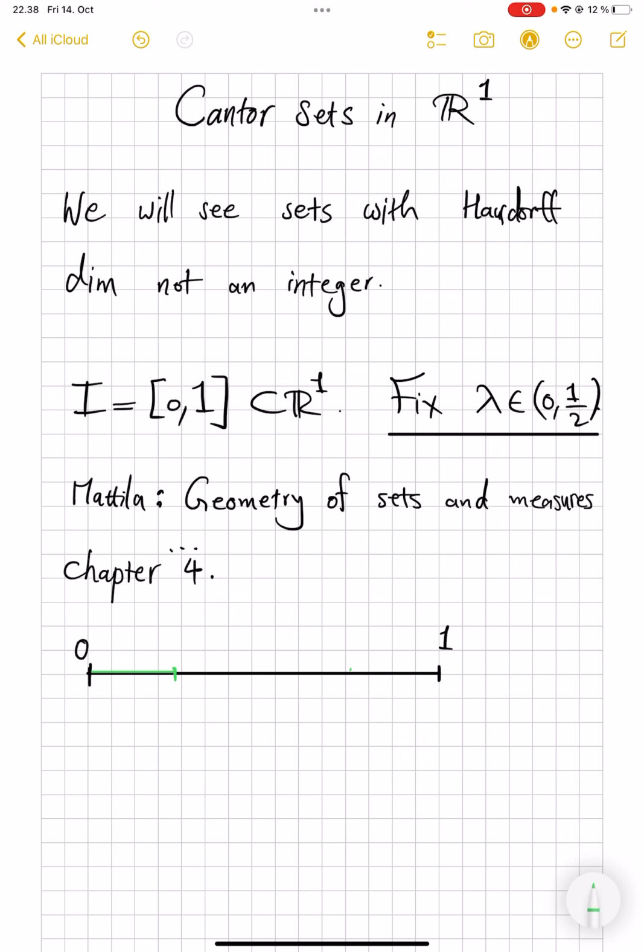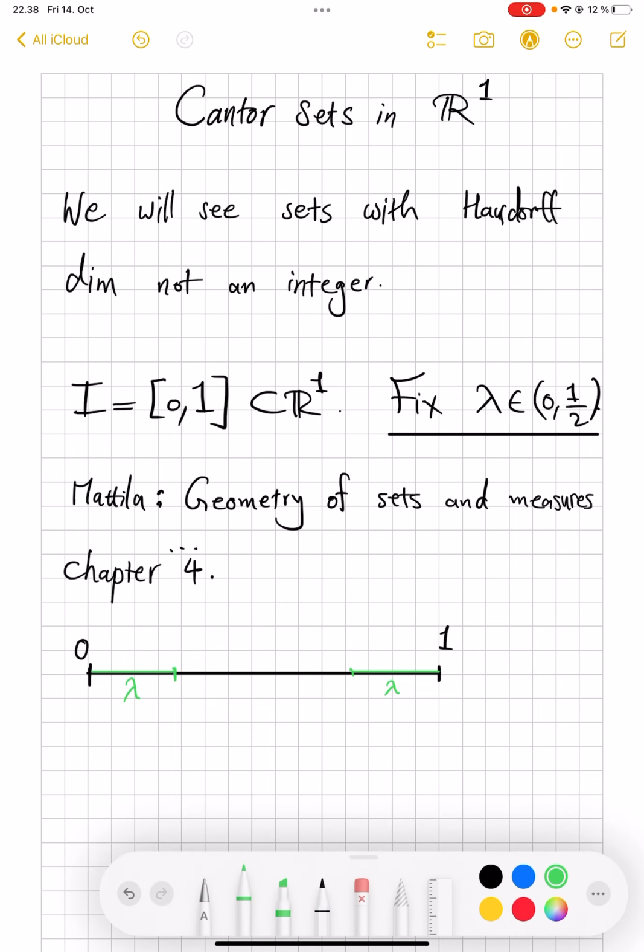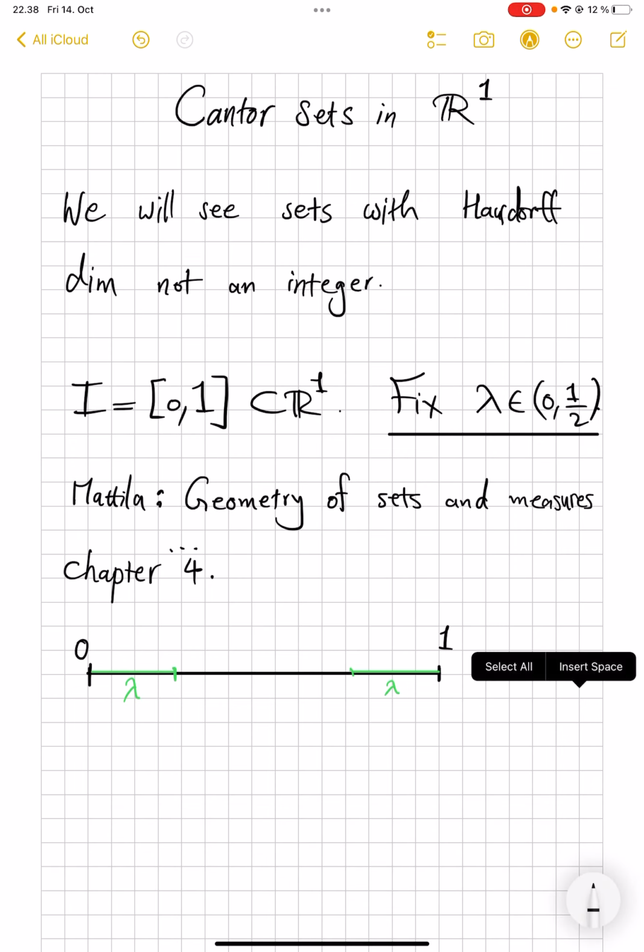So hopefully these look as if they have the same size. That is what I intended to do. So this removed part will not be in the Cantor set that we will build, and so these two on the sides will be in the Cantor set.